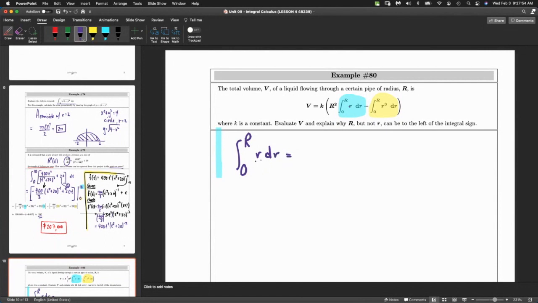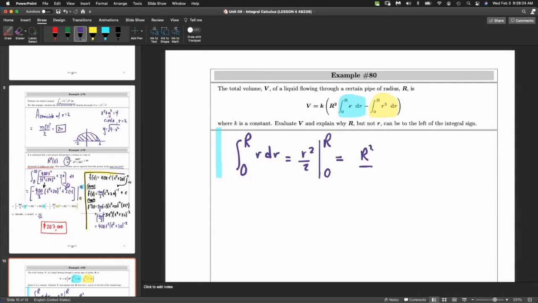So what's the antiderivative of x? It's x squared over 2, but here we don't have x, we have r. So just think of it as an x, and you should be okay. Do we put the c here? Well, because it's a definite integral, from experience I know the c is going to cancel, so I don't bother. Now you plug in R and 0 into that expression.